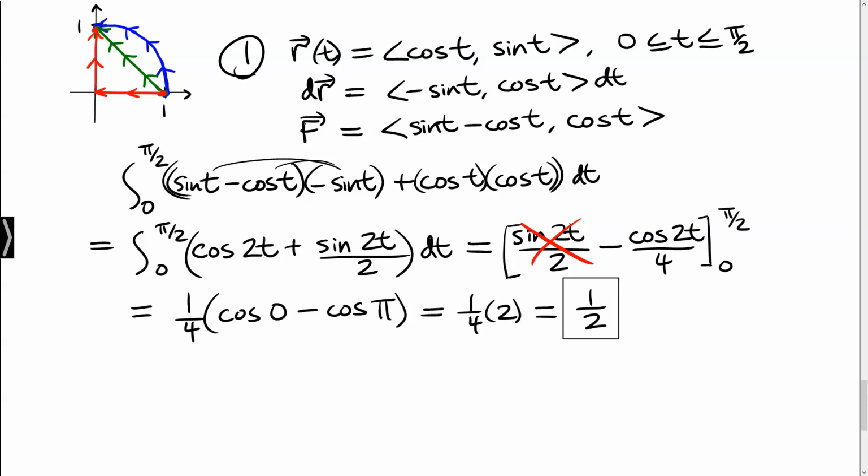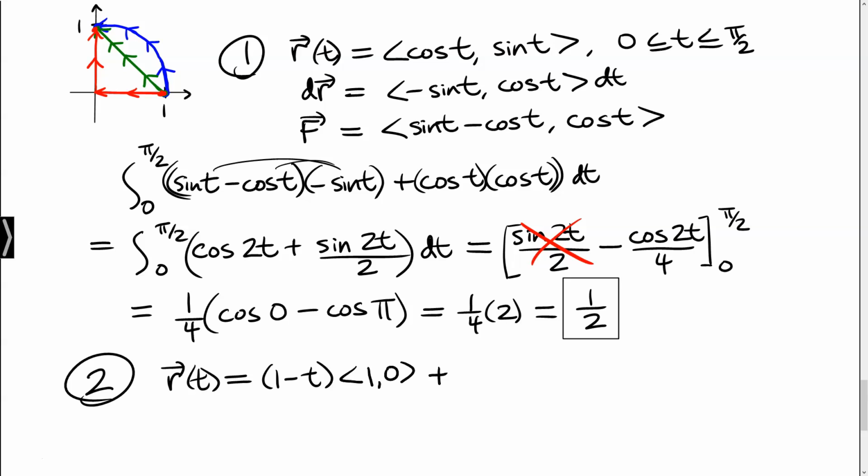Okay, let's look at the straight line green path. So in this case, r of t is going to be 1 minus t times 1, 0, plus t times 0, 1. So that's going to give us 1 minus t, comma, t. dr is very straightforward here.